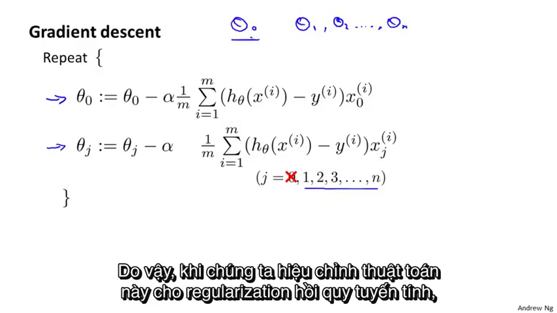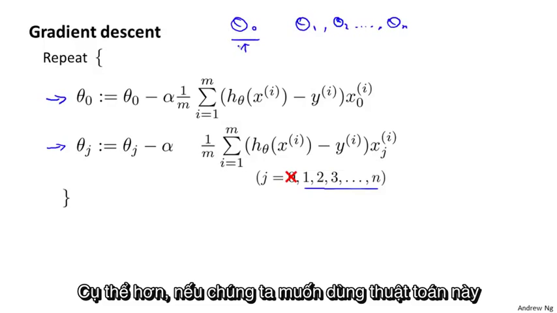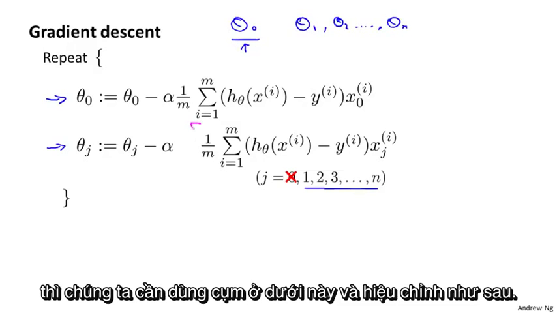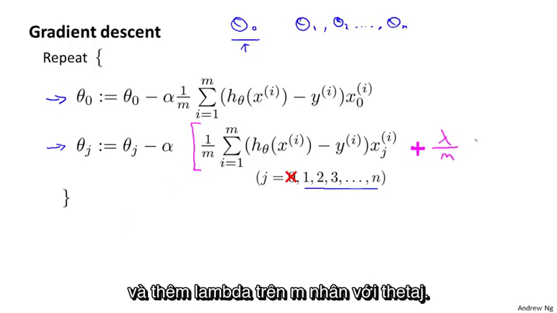So when we modify this algorithm for regularized linear regression, we're going to end up treating theta 0 slightly differently. Concretely, if we want to take this algorithm and modify it to use the regularized objective, all we need to do is take this term at the bottom and modify it as follows. We want to take this term and add minus lambda over m times theta j.